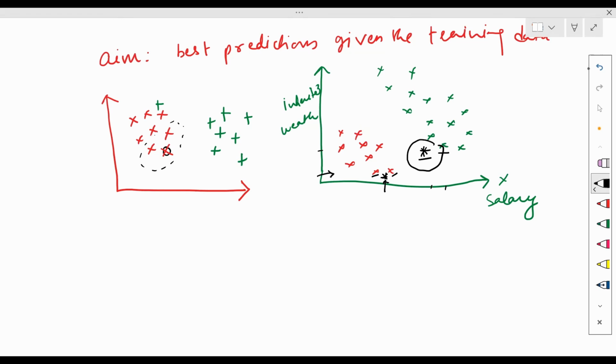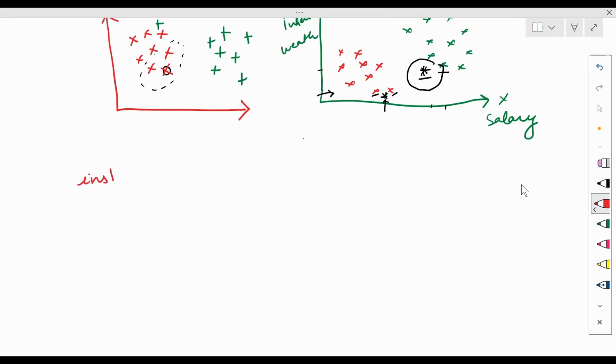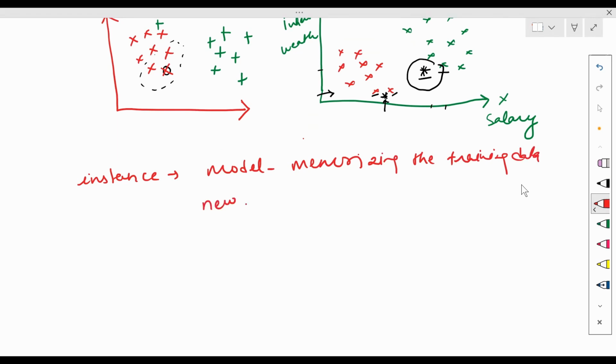That's how instance-based learning is done. In instance-based learning, the model is memorizing the training data, and then for any new point, we look for similarity with existing data and predict accordingly.